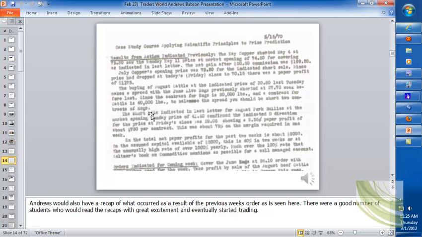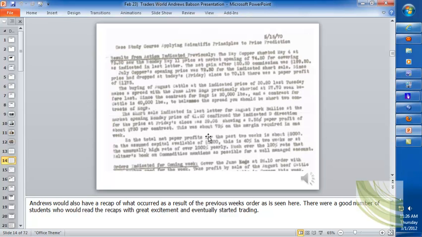See here, for example, the short sale indicated in the last letter for August pork bellies at the market opening Monday at a price of 41.50 confirmed the indicated direction for the price at Friday's close at 39.05, showing a 2.55% profit of about $750 per contract. Huh? I mean, amazing.